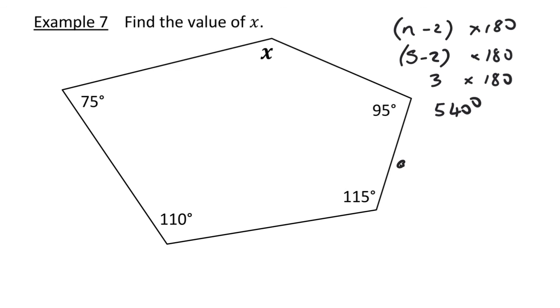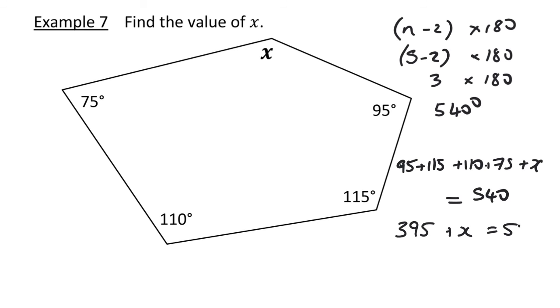So 95 plus 115 plus 110 plus 75 plus x must add together to give 540. We can simplify that to 395 plus x equals 540. Taking away 395 from both sides, x equals 145 degrees. So x is 145.